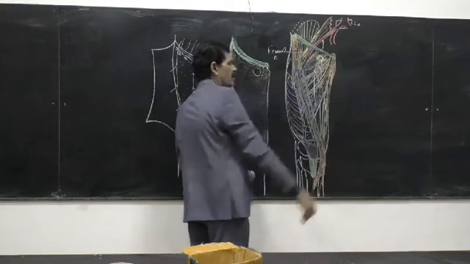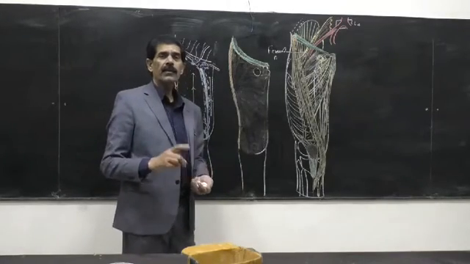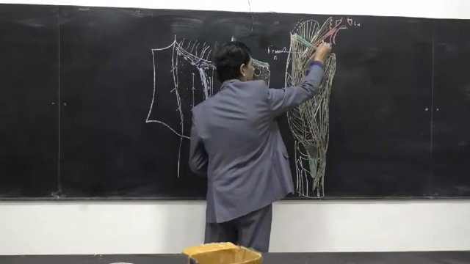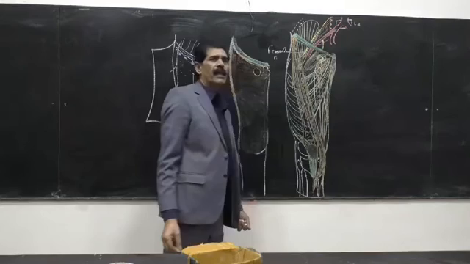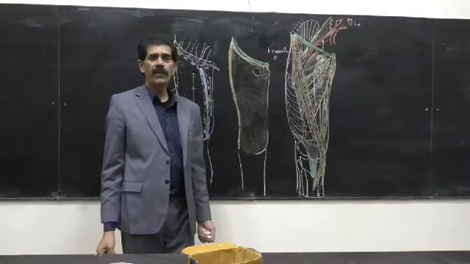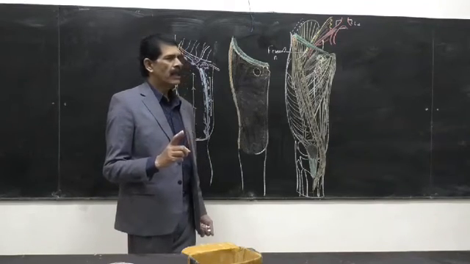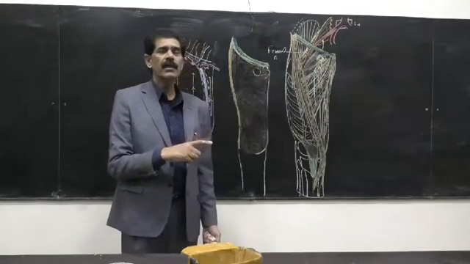Above the inguinal ligament, its name is external iliac artery, and the external iliac artery has only one branch that we have done in the rectus sheath. This artery is in medial relation to the deep inguinal ring, and is called the inferior epigastric.